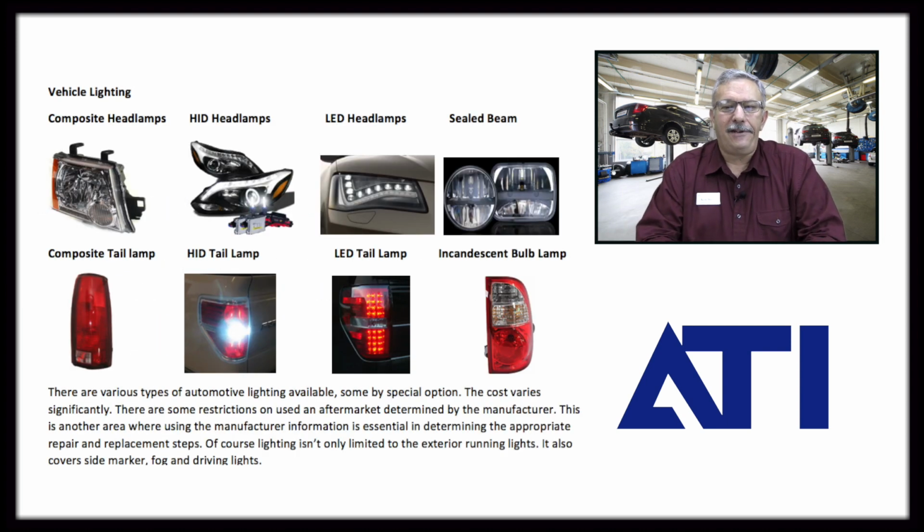Next, we're going to talk about vehicle lighting. This is probably one of the most complex new advancements that we've seen, and it's only going to get worse. I'll give you an example of the Audi headlights that are now available.